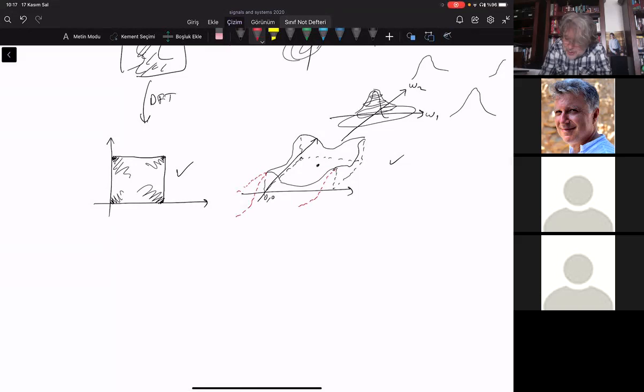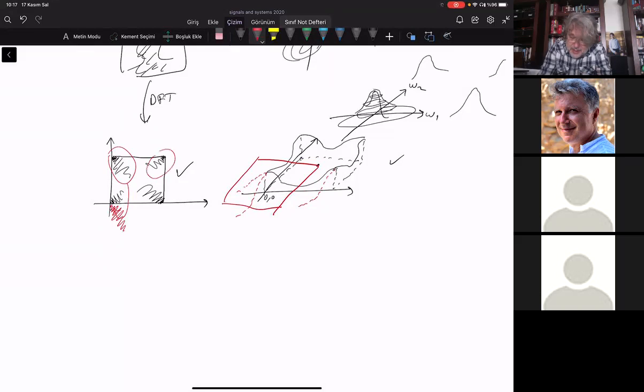So you want to crop it from here, or in a similar manner, you can take these parts and put them here like this.